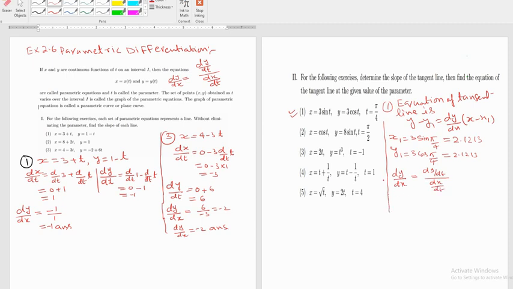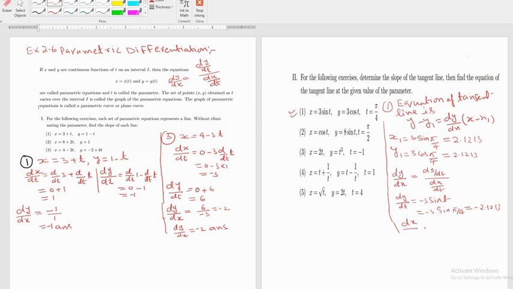Now find these values. dy/dt means differentiate y with respect to t, so dy/dt is minus 3 sine t, which at t equal to pi by 4 is minus 3 sine pi by 4, equal to minus 2.1213.